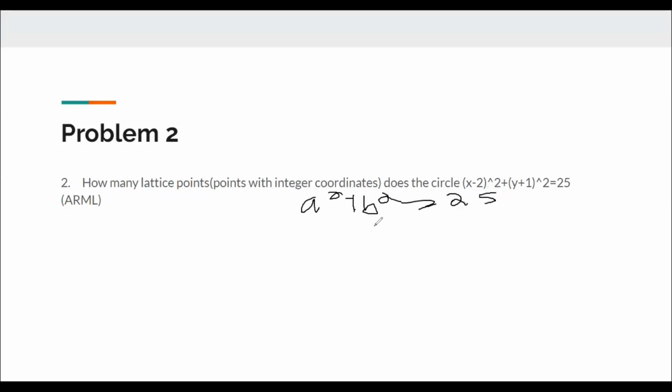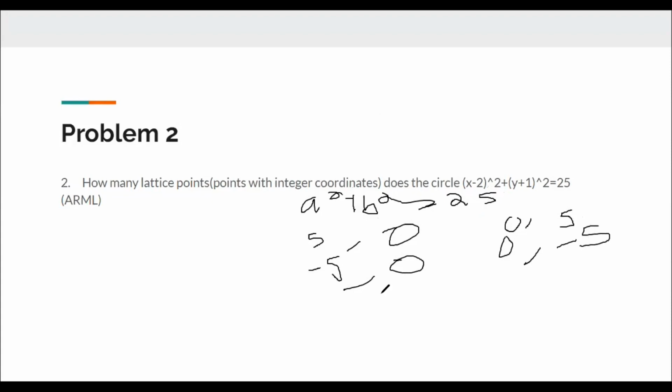This is going to be either a is equal to 5 and b is equal to 0, or negative 5 comma 0. So that's two of the cases, and you can also flip them around. So you can write it as 0 comma 5 and 0 comma negative 5.